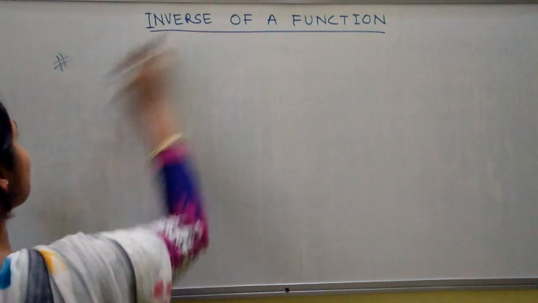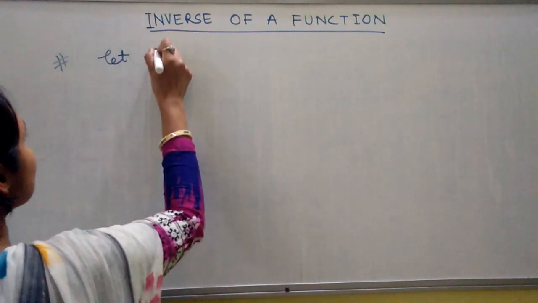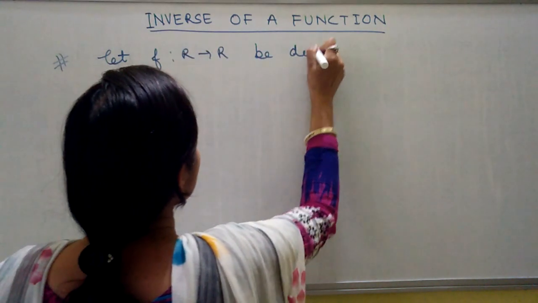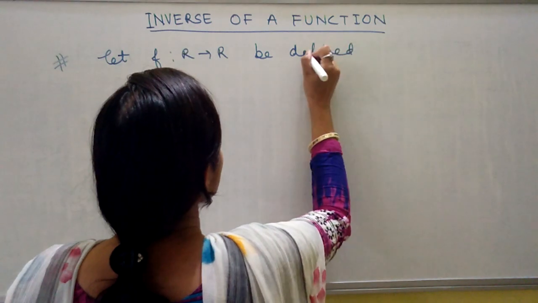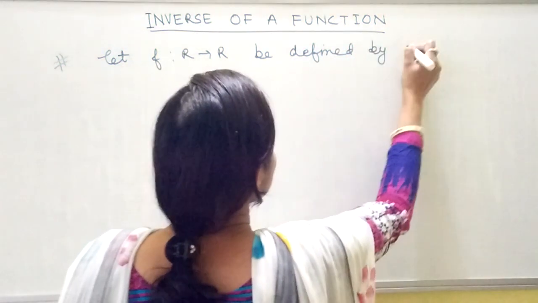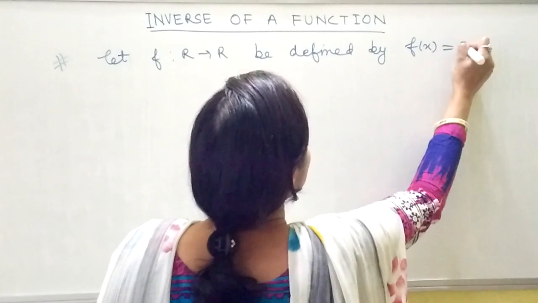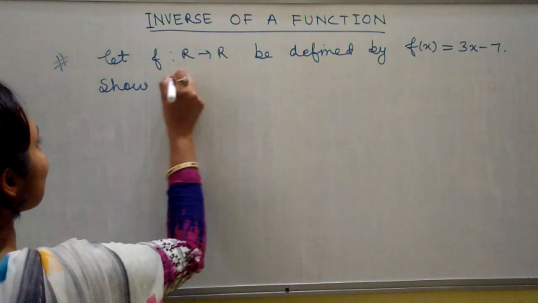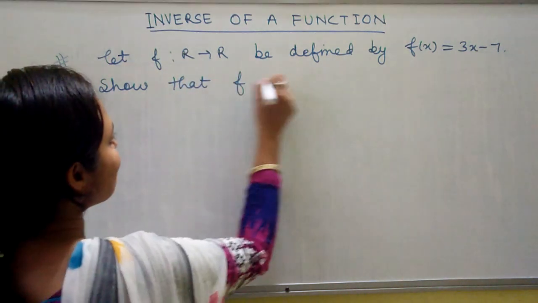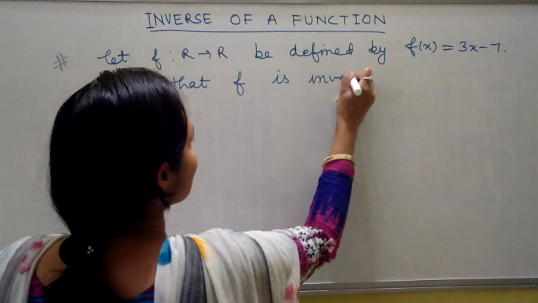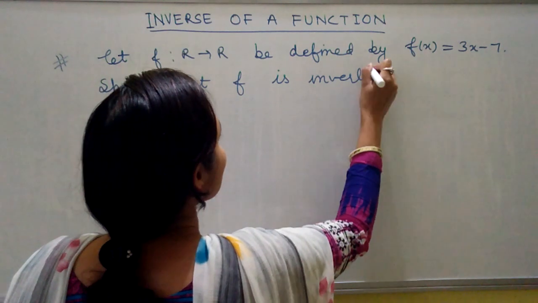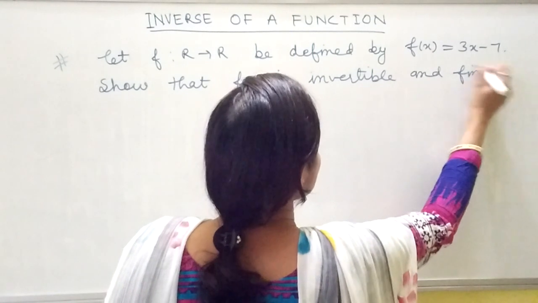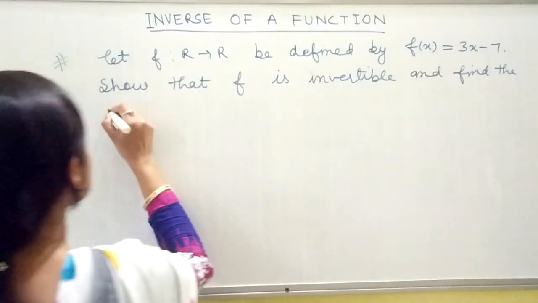Let f from R to R be defined by f(x) = 3x minus 7. Show that f is invertible and find the inverse of f.